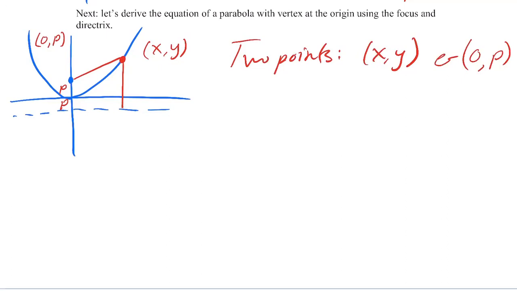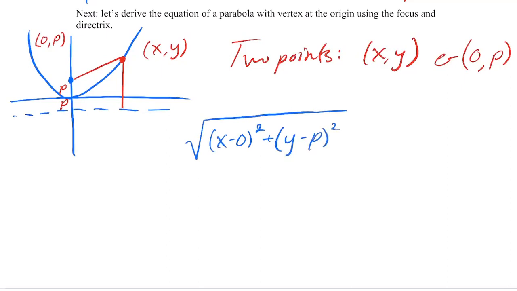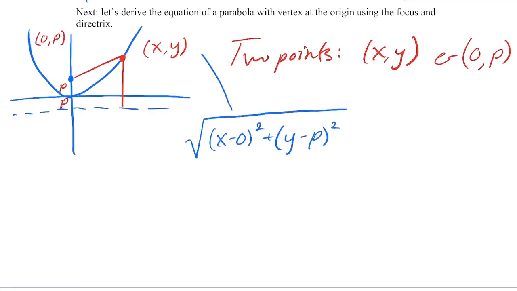What the distance formula says is that my first length here should have the following measure. It should be the square root of x minus 0 quantity squared plus y minus p quantity squared. So that would be this distance. And it needs to be equal to this distance right here.